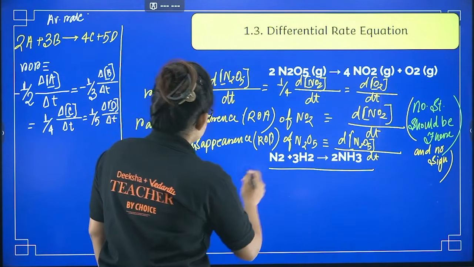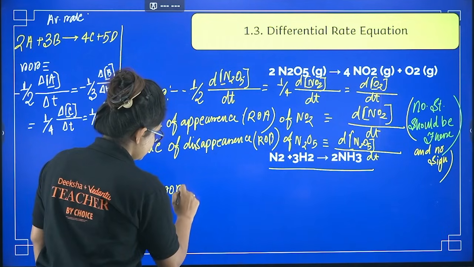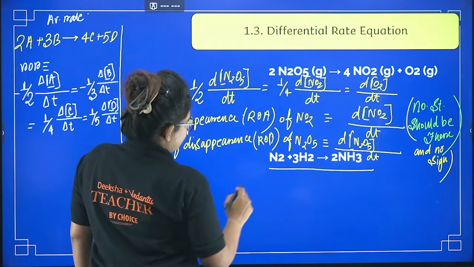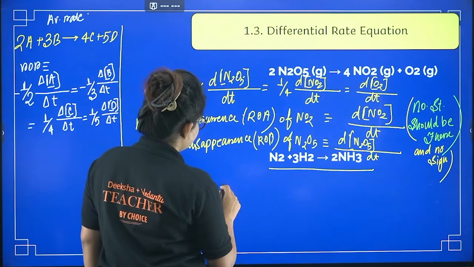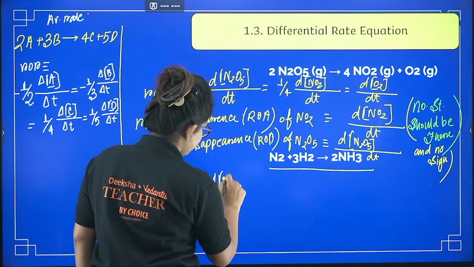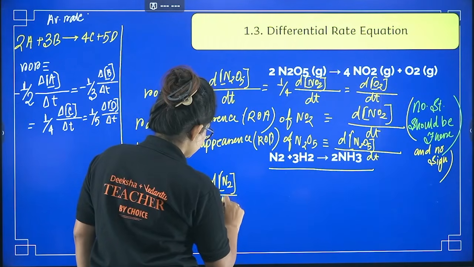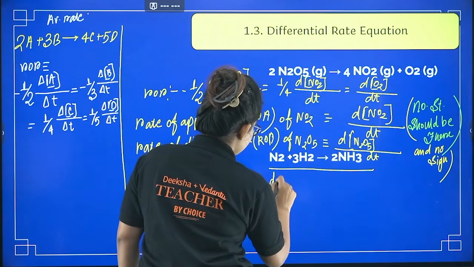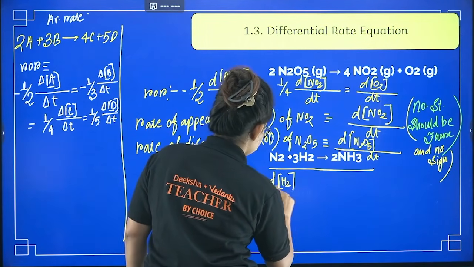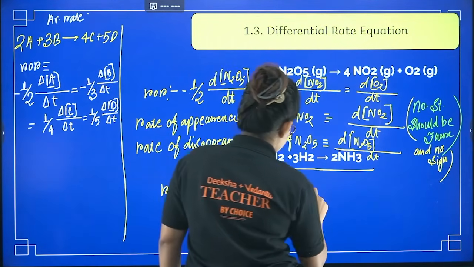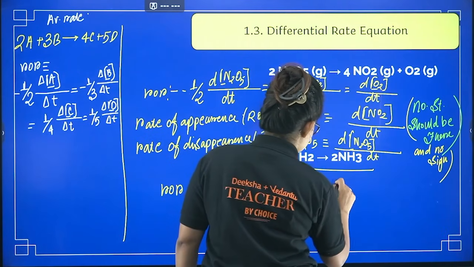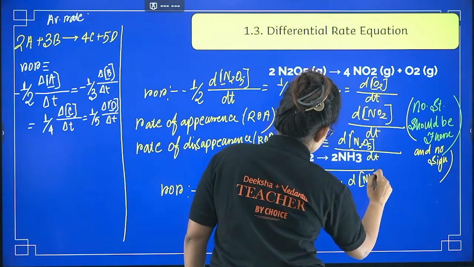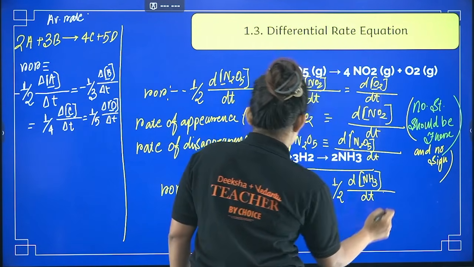So I'm just simply writing the ROR. If I just write the ROR, that should be, here no stoichiometry, so I can write minus d of N2 by dt, definitely one negative sign, equals minus 1 by 3 d of H2 by dt equals, here also negative sign, plus 1 by 2 d of NH3 by dt, like that.